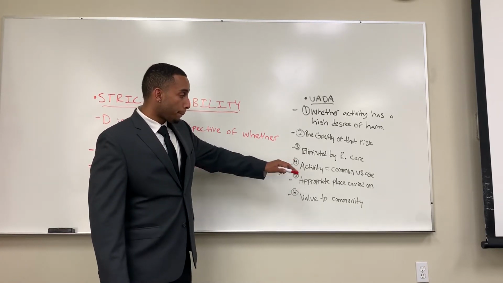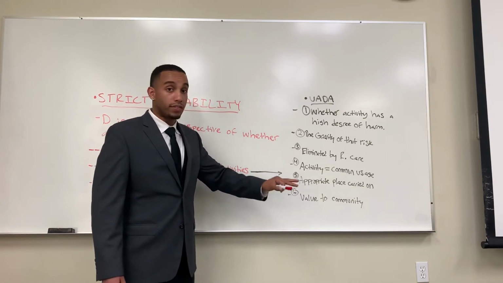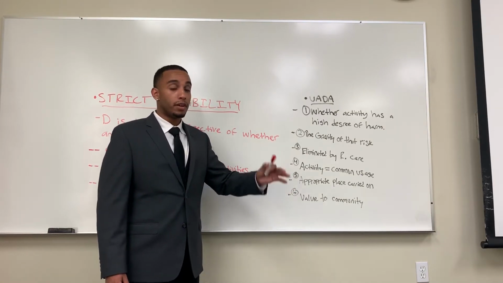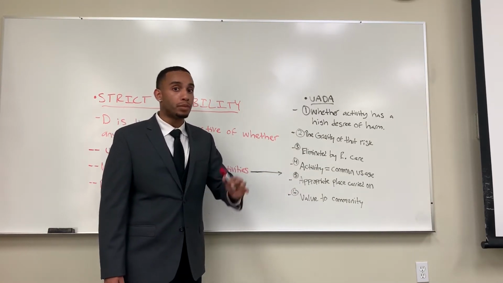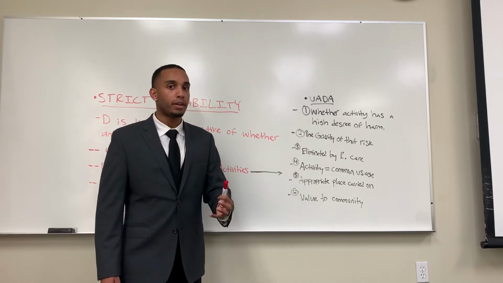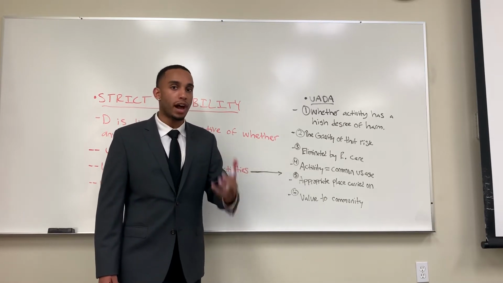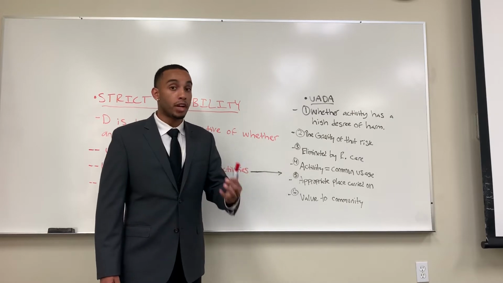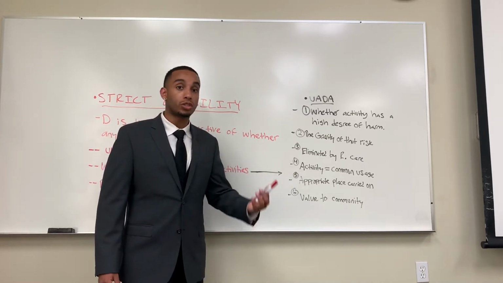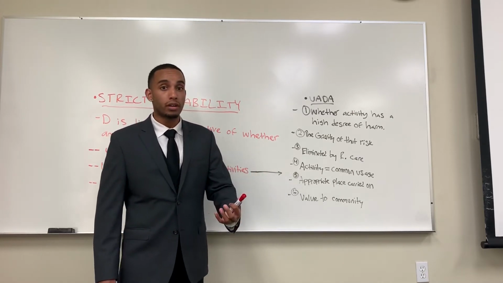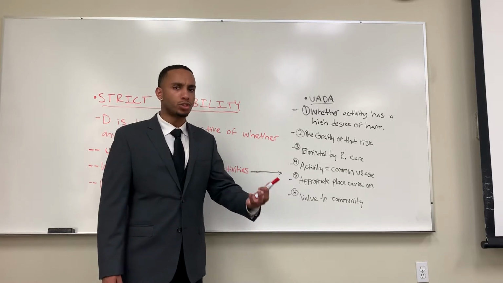Number 4, whether the activity is of common usage. If the activity that the defendant is doing is not common in our society, that very well could constitute an ultra-hazardous, abnormally dangerous activity. What's very common is construction work.